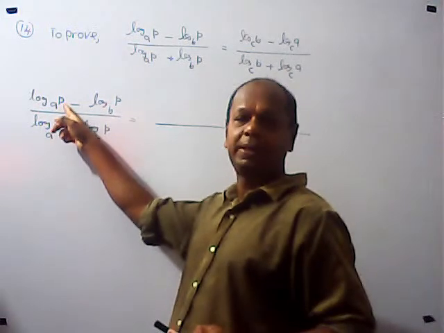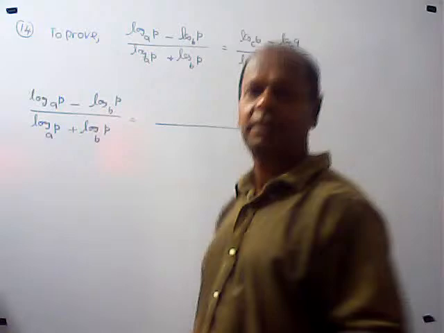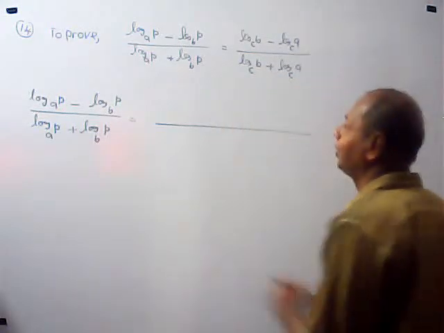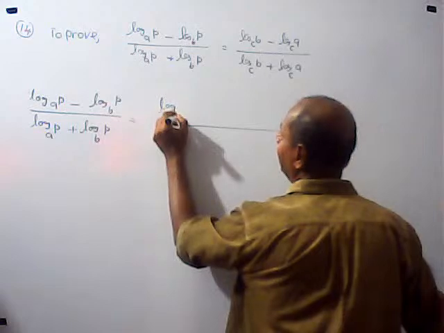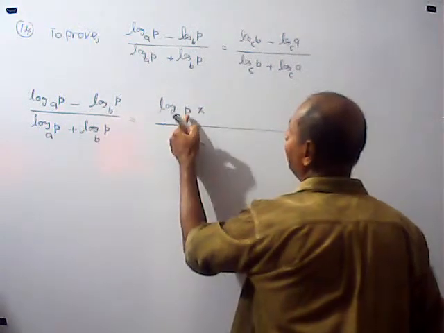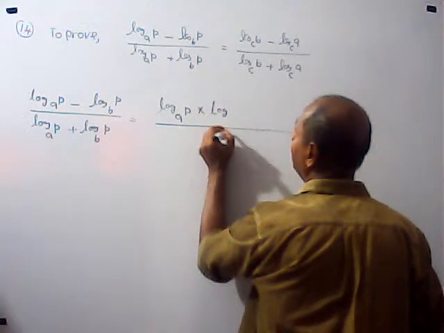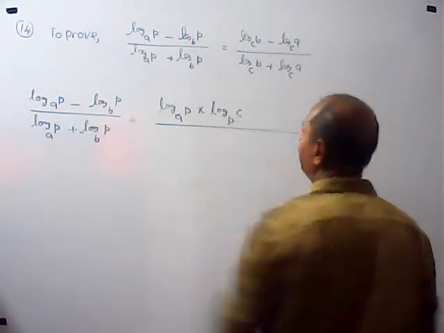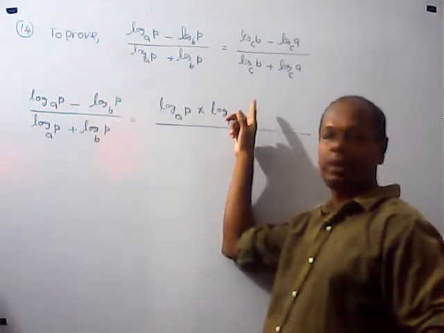To make P disappear and C appear, the rule we use is this: AP, you can multiply it by PC. So AP into PC is equal to AC.